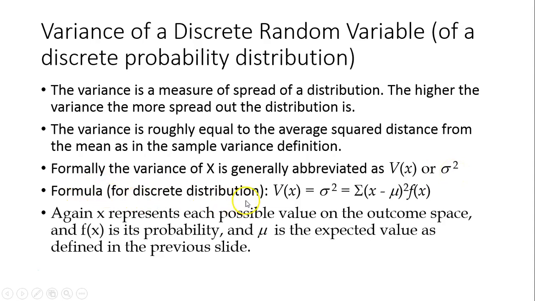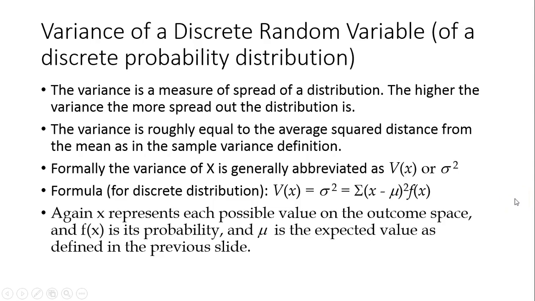Formula for a discrete distribution, the variance of x, sigma squared. So if I know the exact distribution is discrete, I compute its mean first, that's mu, and the formula for that is on the previous slide, right? Then I subtract mu from each possible outcome, I square that and I multiply by its corresponding probability, and I add all of them up.